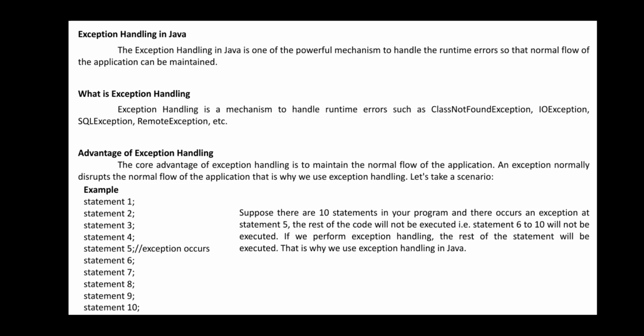Exception means it is an abnormal problem, wherein your program is not going to execute in a correct way, or you'll be getting an infinite loop, or an unstopped execution of your program. All those things are nothing but called exceptions.